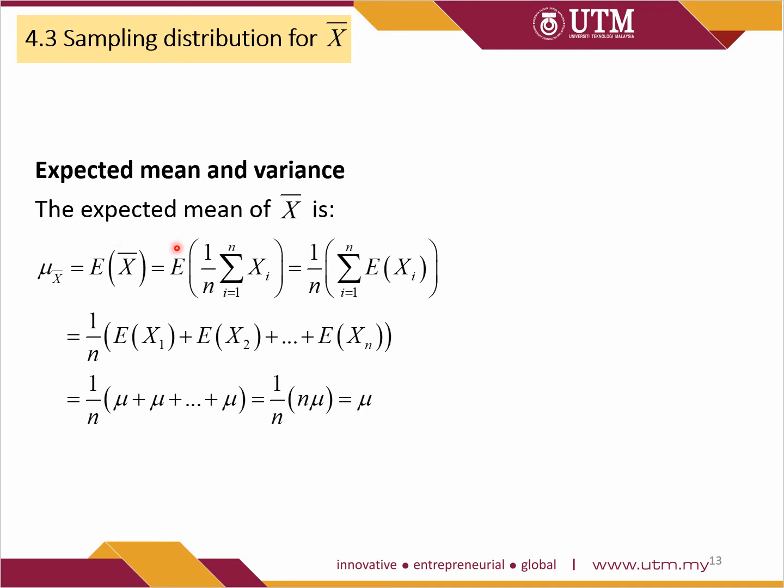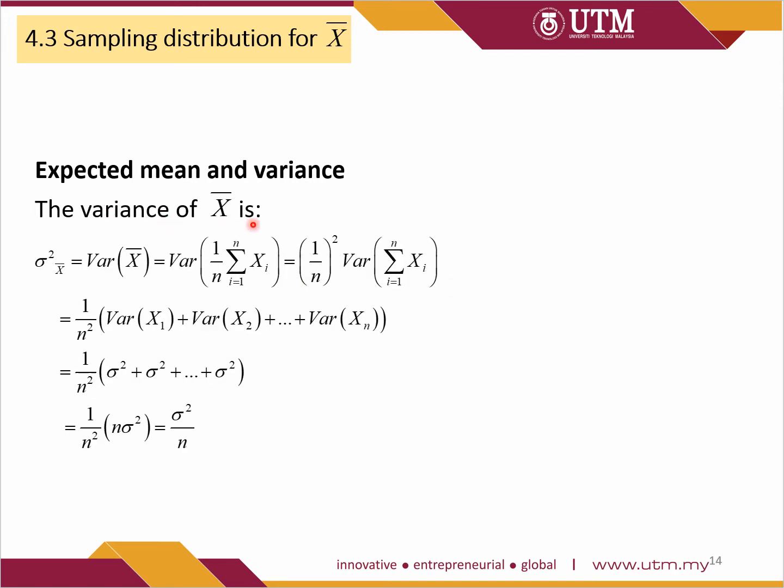Thus, the expected mean of the sample mean x bar will be mu of x bar equals mu, which is the mean from the population. And the variance of the sample mean would be equal to sigma square over n, given that sigma square is obtained from the population.